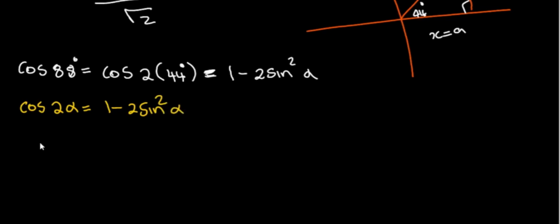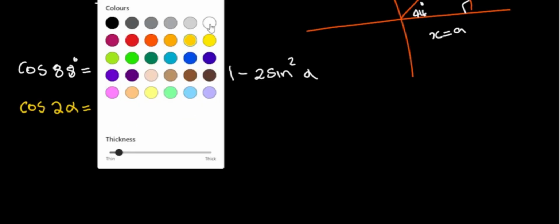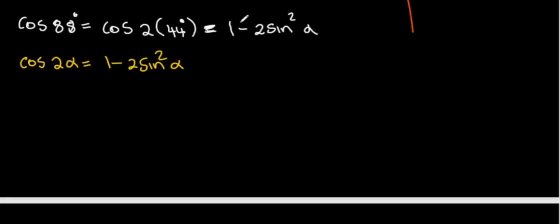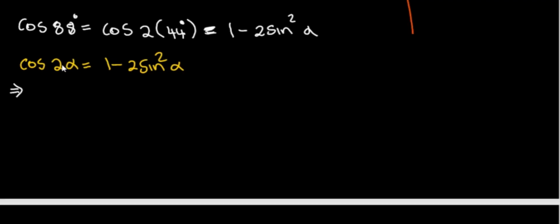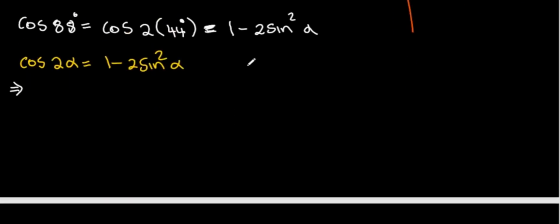So let's substitute what we have from this equation. The first thing, I see that I have the cos of 2 alpha. So where there's alpha, we need to substitute. Remember, we said we'll change the 88 into 2 cos 44.